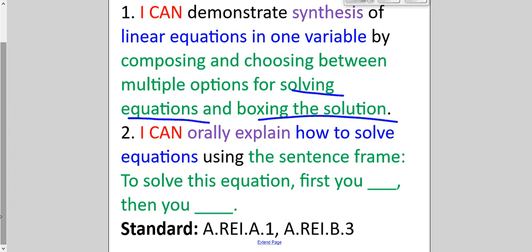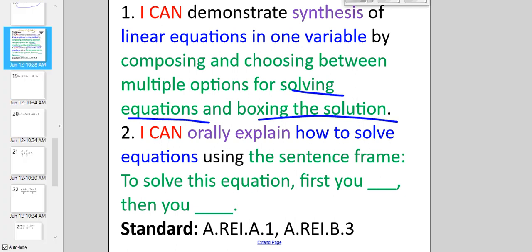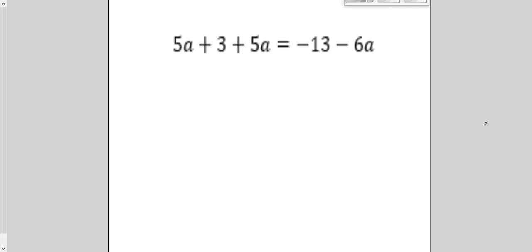To solve this equation, first you blank, then you blank. So in this problem, I have 5a plus 3 plus 5a equals negative 13 minus 6a. What you're going to want to do first is combine like terms. I have 5a here and 5a here.